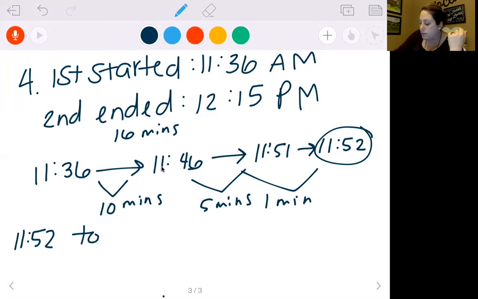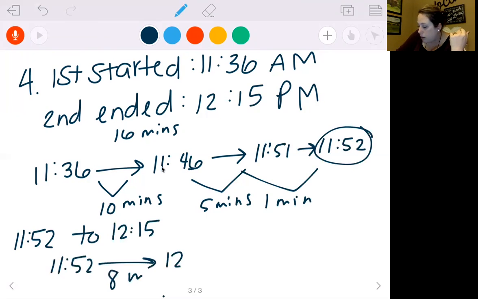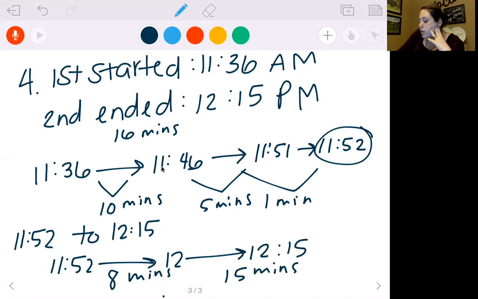So that's 8 minutes. And then from 12 to 12:15 is easy. That's 15 minutes. So we have 15 minutes plus 8 minutes, 16, 17, 18, 19, 20, 21, 22, 23. So her second phone call lasted 23 minutes. I am actually going to do one more with you to make sure we got that.